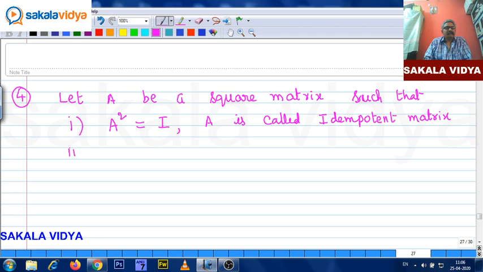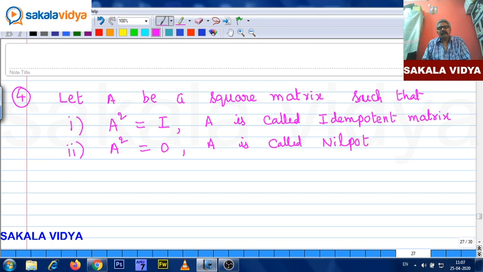Second one, A square equals to O, A is called nilpotent matrix of order 2.